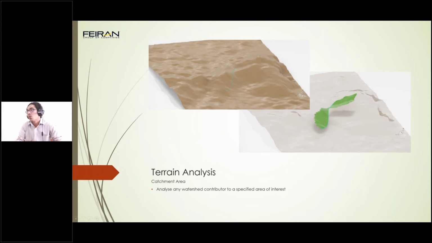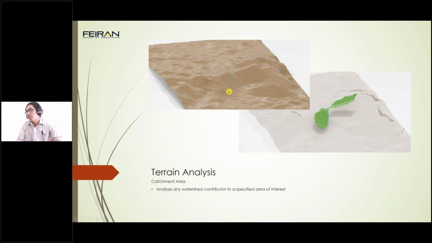What does it mean? For example, we have a river flowing in between these hills, right? That river is represented by this blue colored curve here. We want to know which area of the hill or watershed is contributing water to this particular river of interest.